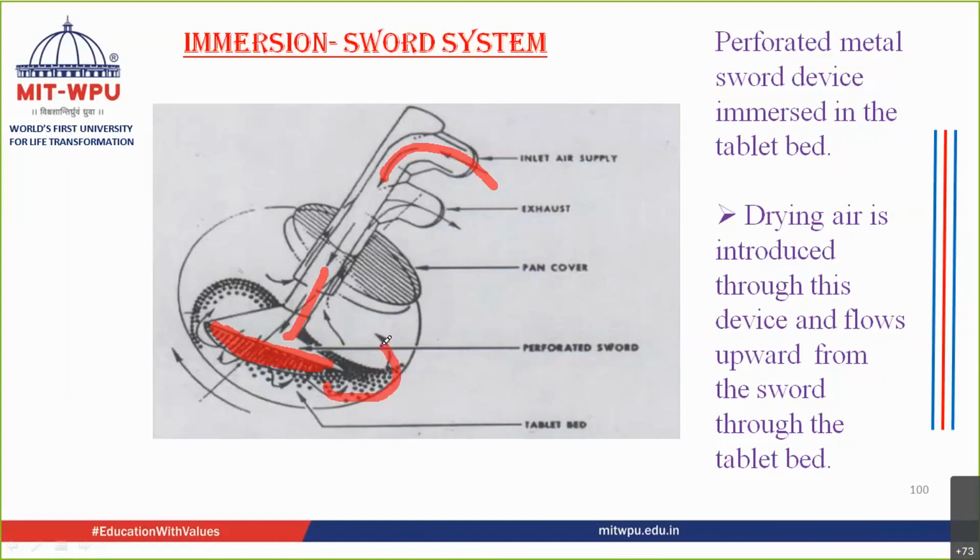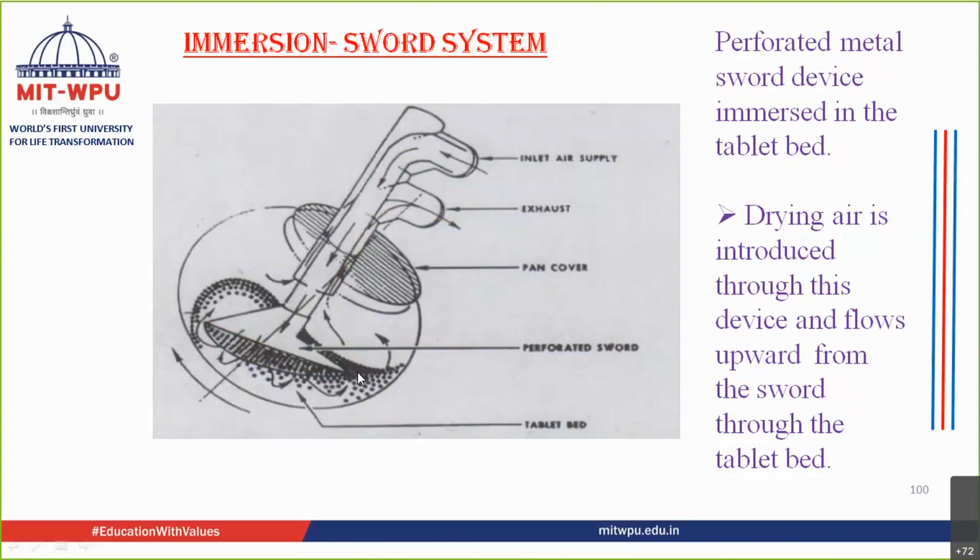From here it dries the tablet coating, and from the sides the exhaust is removed, so the hot air is completely gone. So this is the perforated sword system. Once again, this is the inlet of air supply, from here there is exhaust, this is the pan cover, this is the perforated sword, and this is the tablet.